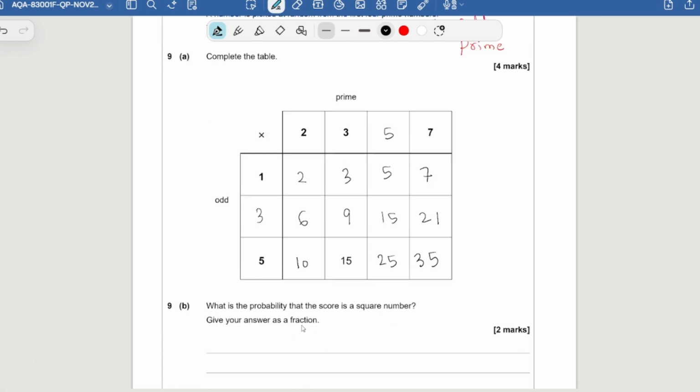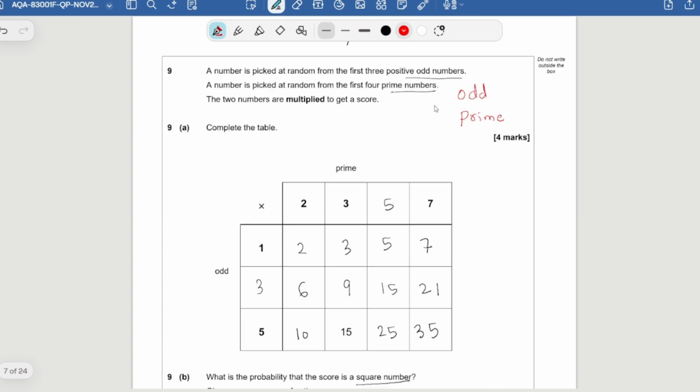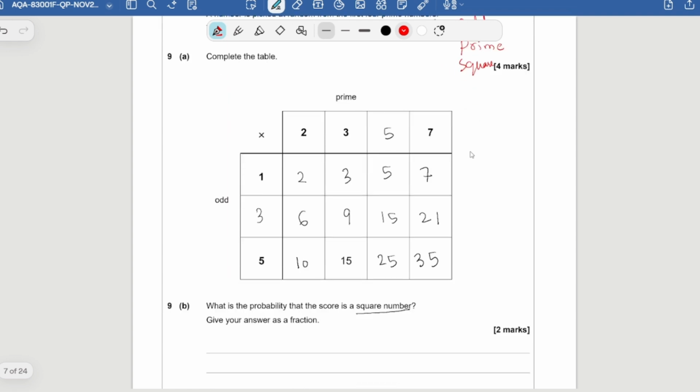Now you have to answer the question. What is the probability that the score is a square number? To solve this question you need to know about square numbers. You have to have information about all these things when you're working on such questions.